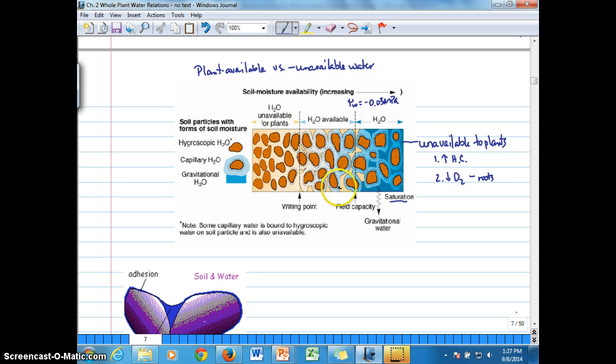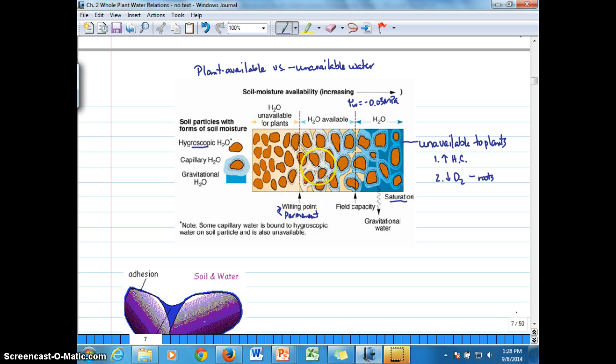You can see that capillary pores are present here with bound water surrounding the soil particles, and there's even a really tight region shown by the dotted line of what they're referring to here as hygroscopic water, and that's not going to be available after this wilting point, or what we were calling the permanent wilting point.